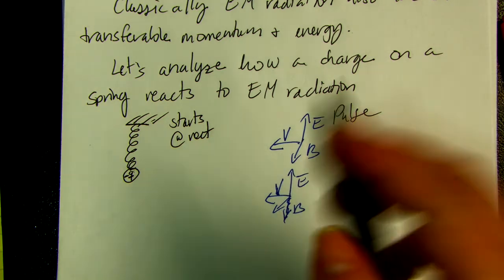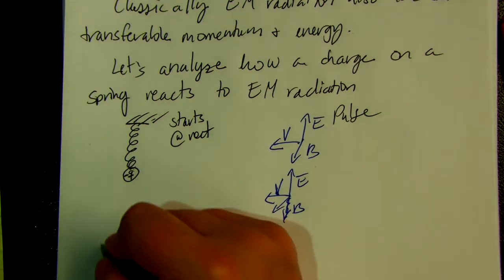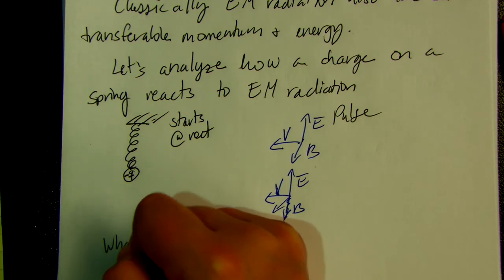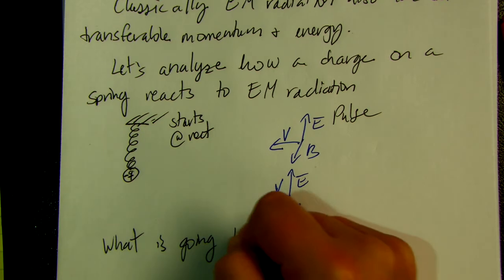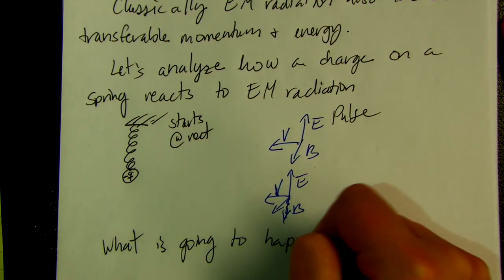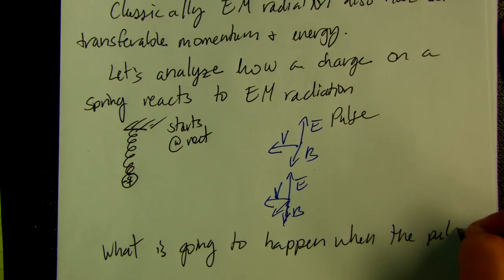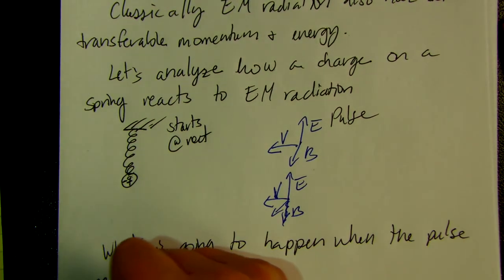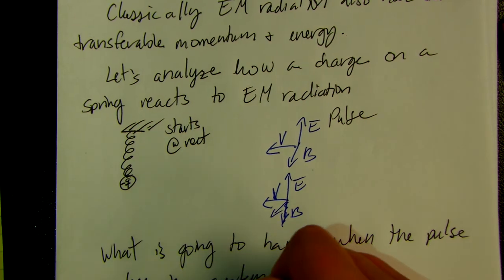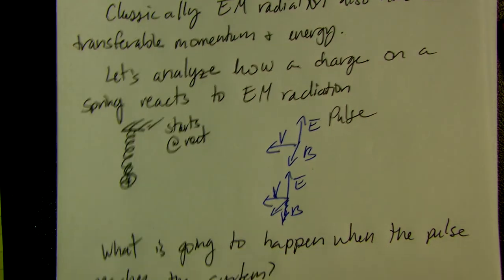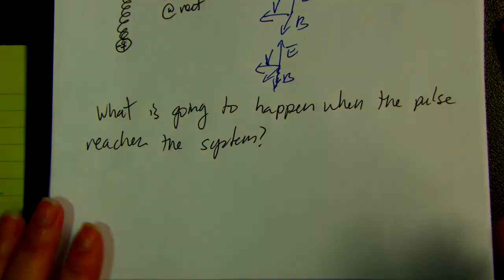And so it's at rest right now. This is barreling towards it. And what's going to happen when the pulse reaches the system? Okay, so there's some information that we should acquire.